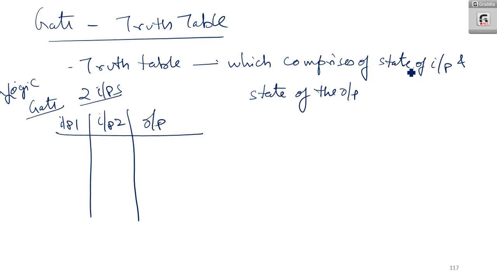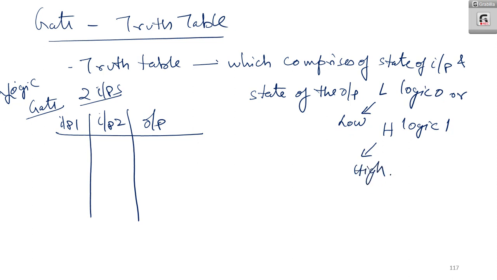I can make the state logic 0 or logic 1. Logic 0 I can write as L, and logic 1 I can write as H. L stands for low and H stands for high. If input 1 is low and input 2 is low, I can make the output high.